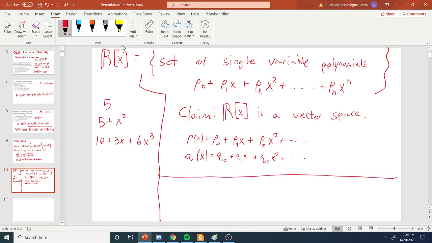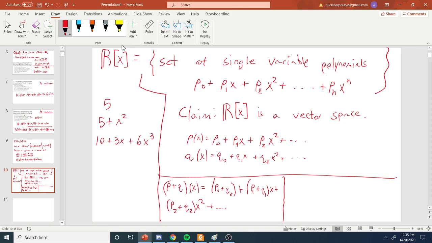Now, I can add them together. The polynomial sum, p plus q of x, is obtained by summing the coefficients. So the zeroth coefficient is going to be p naught plus q naught. And then the coefficient of x is going to be p1 plus q1, times x, plus p2 plus q2 times x squared, and so on.